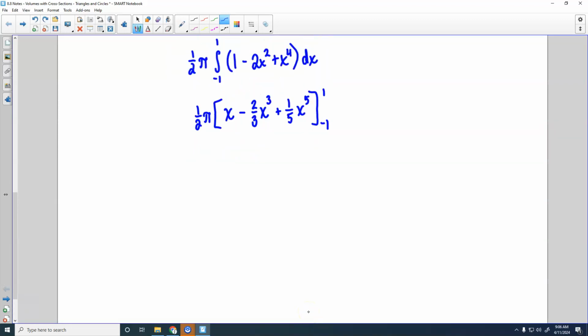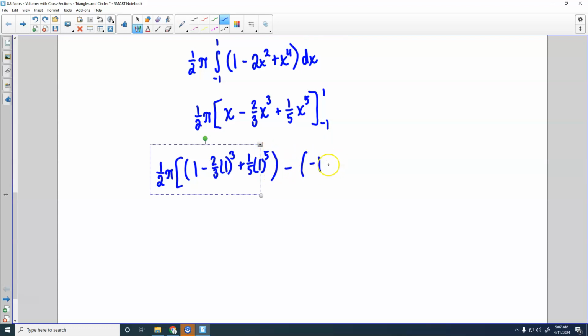And so, again, the 1/2 pi staying out front. We're going to have 1 minus 2/3 times 1 cubed plus 1/5 times 1 to the 5th, minus -1 minus 2/3 times -1 to the 3rd plus 1/5 times -1 to the 5th.